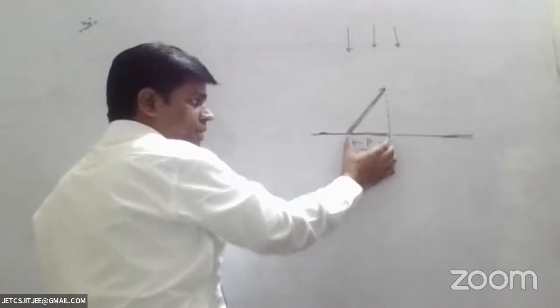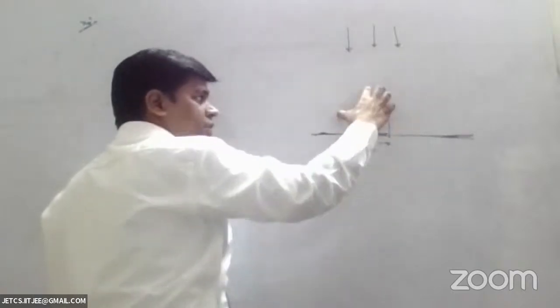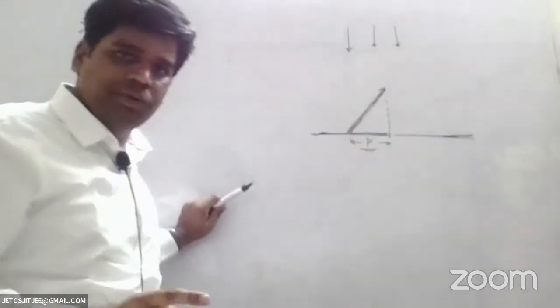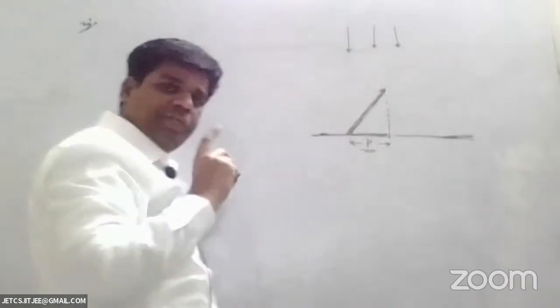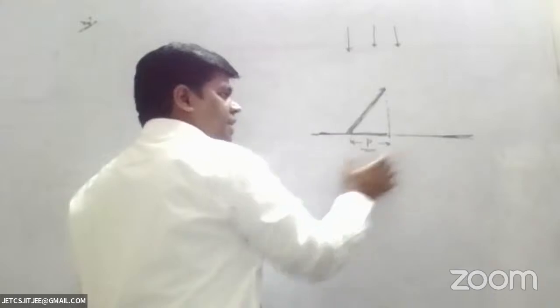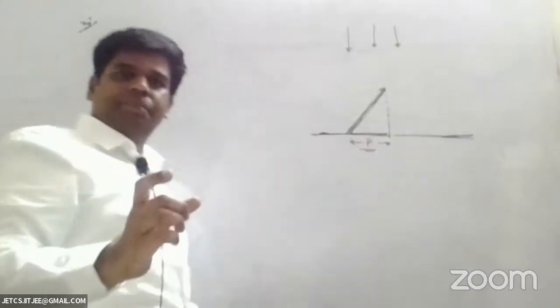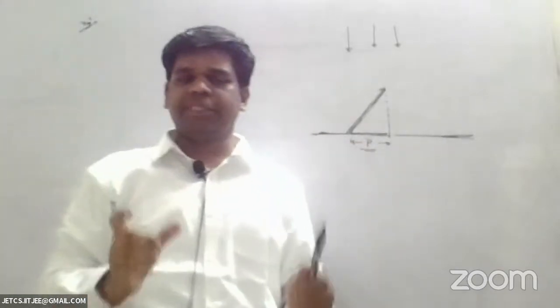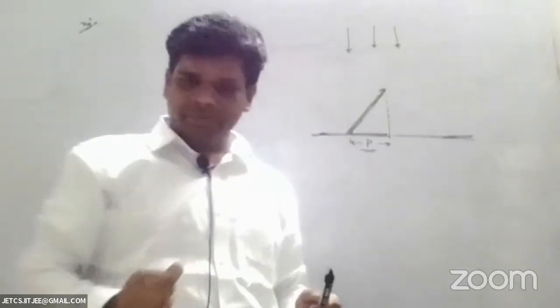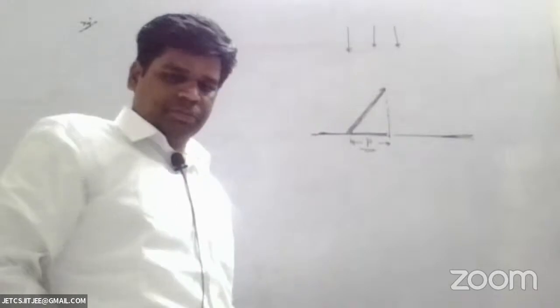This length P is called the shadow or the component of this rod on this line. So whenever I utter the word component, think of it in terms of shadow. I shine light perpendicular to the line, I get a shadow, and that is nothing but the component. Component is nothing but the shadow of the given object.